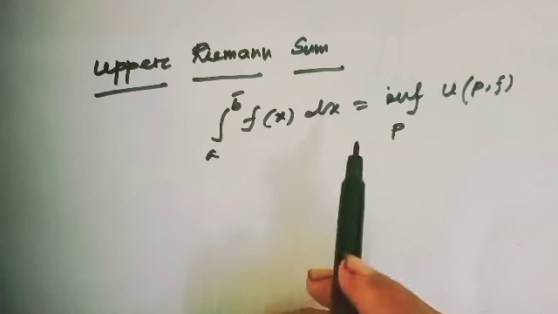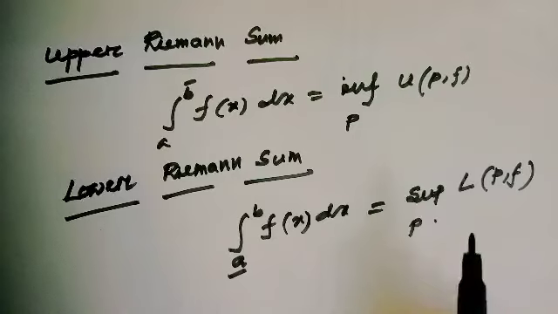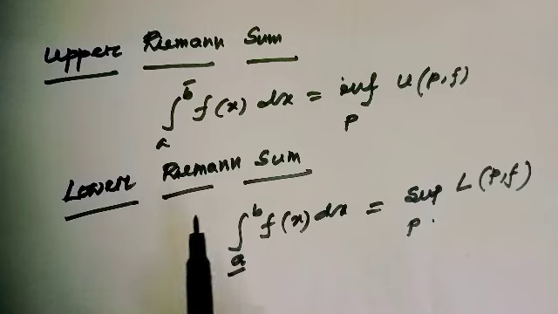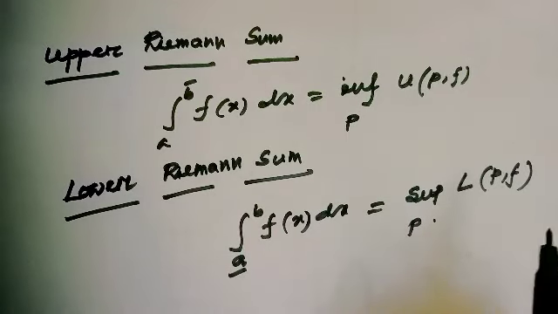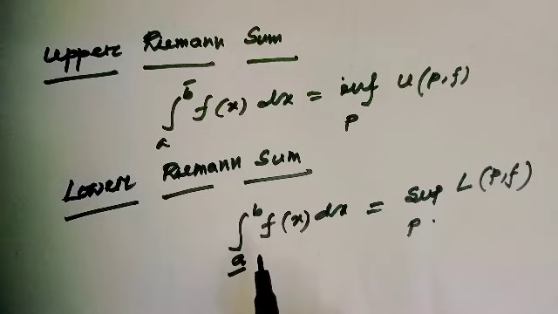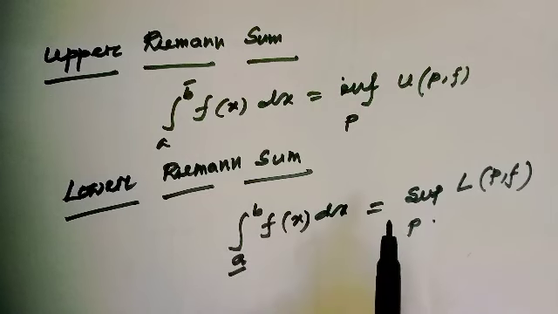Are you getting it? Well, we will define the lower Riemann integral, which is actually the supremum of the set of all LPF, and this is denoted as the integral from a bar to b of f(x) dx.